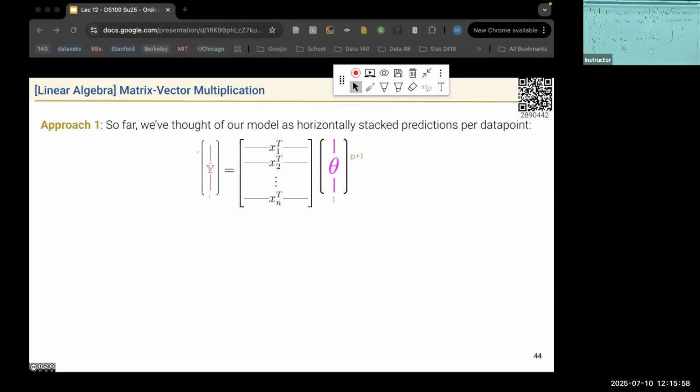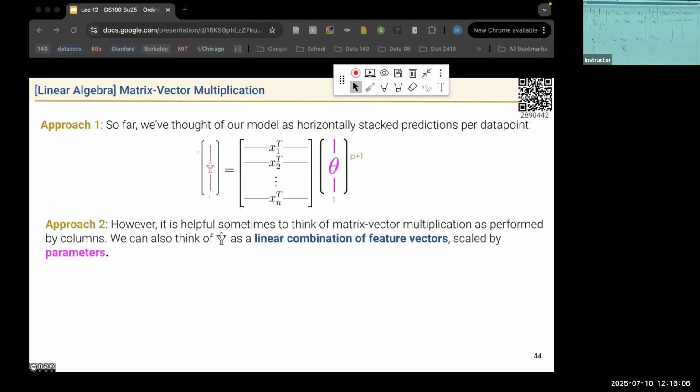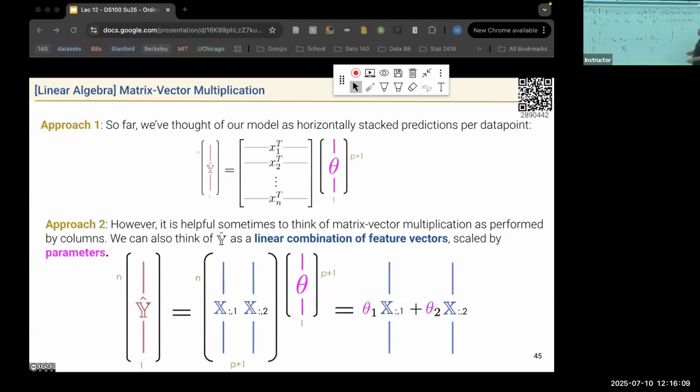So what I can do is view this matrix vector multiplication as a linear combination of the columns of my design matrix. I take the first column, I scale it by theta naught, or in my slide above, theta 1, and then I take my second column, I scale it by theta 1.